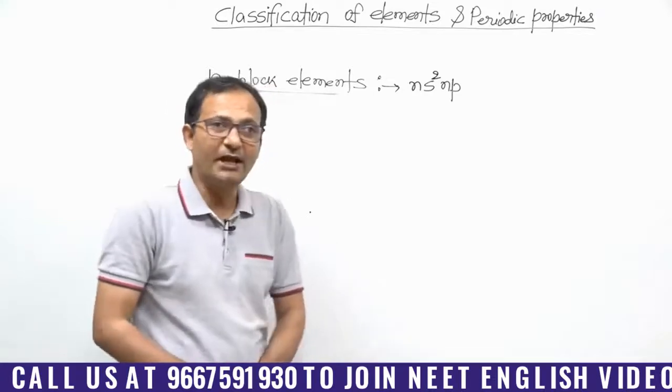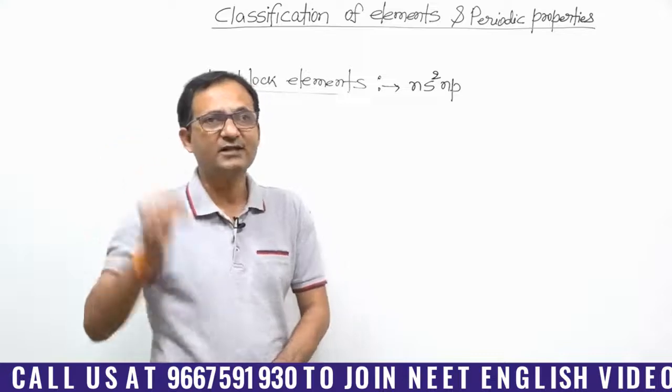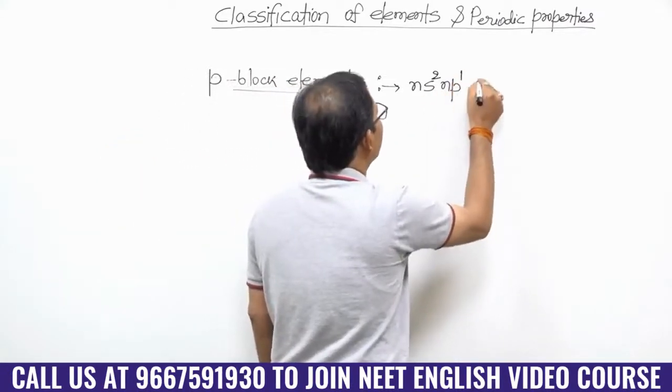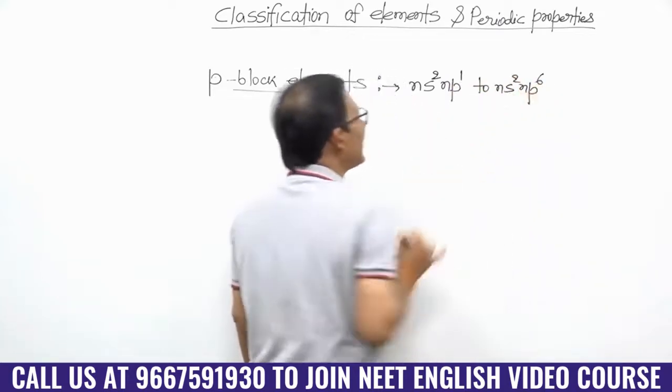And as you know, in p there can be 1, 2, 3, 4, 5 and 6 electrons. So ns2 np1, 2, up to ns2 np6.